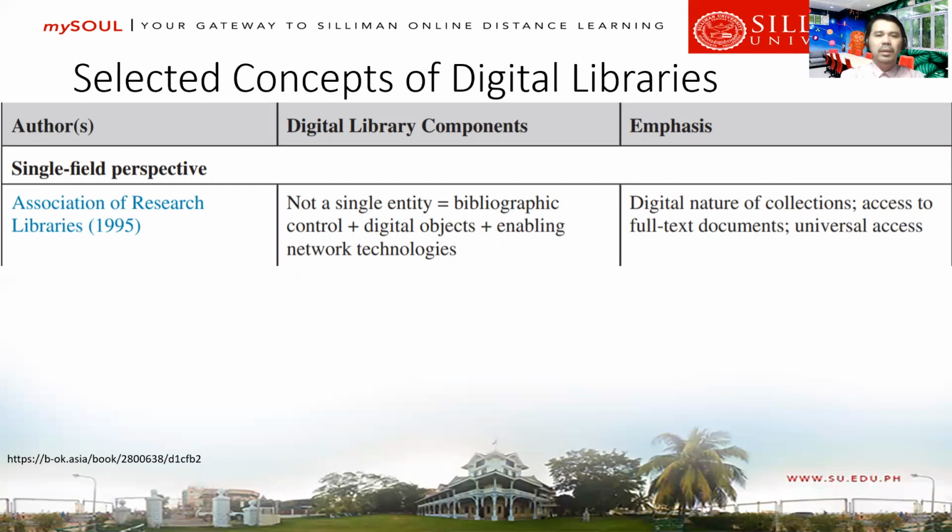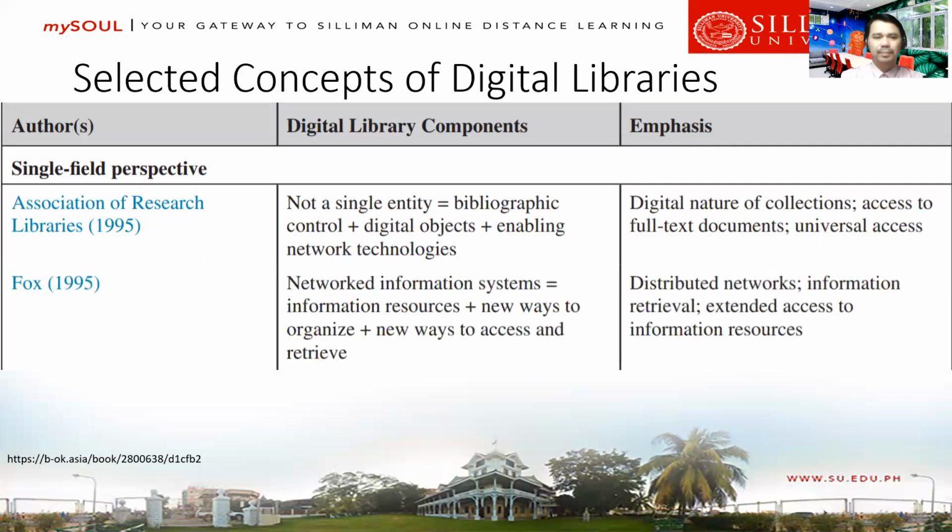According to them, the digital library is not a single entity, and it is the control and accumulation of digital objects, and it is an enabling network technology. What is the emphasis in this concept? Digital nature of collections, access to full text documents, and universal access.